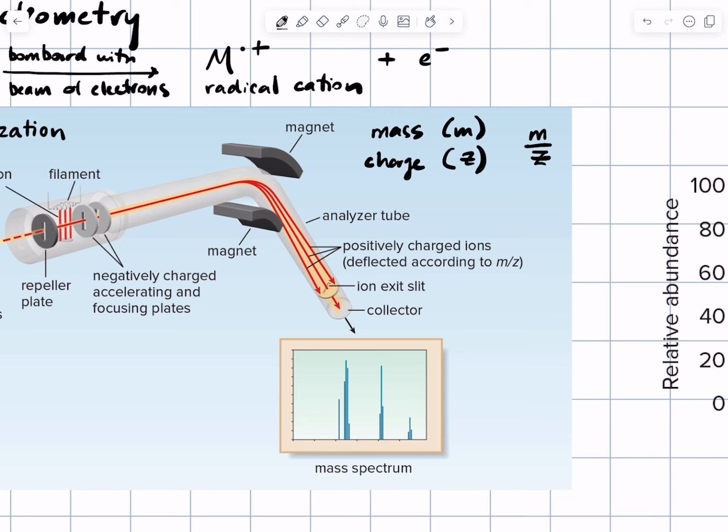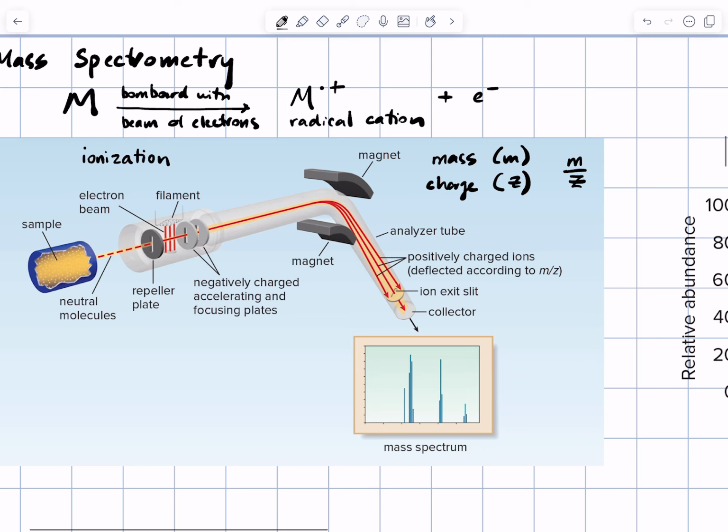So a particle that has two charges is going to be deflected differently from a particle that has one charge. A particle that's twice as massive is going to be deflected differently from a particle that's half as massive, all right? Fortunately for us, we've ionized our particle. Our particles all have one charge, Z equals 1. So if Z equals 1, the M over Z ratio that this mass spec experiment is going to measure is just going to give us the mass.